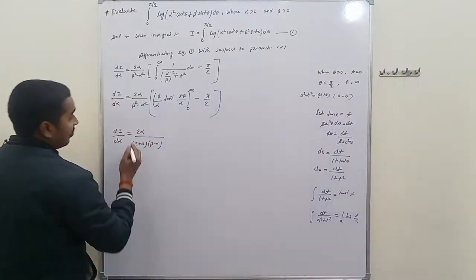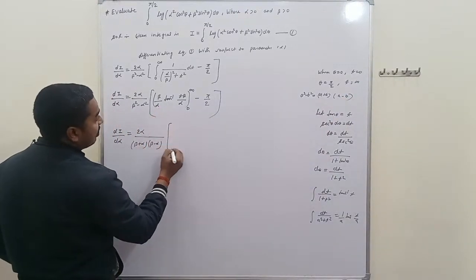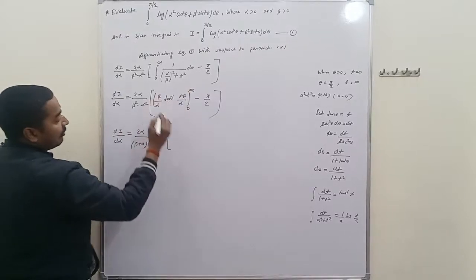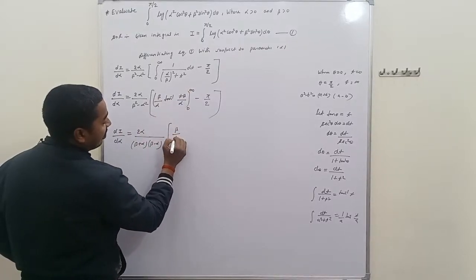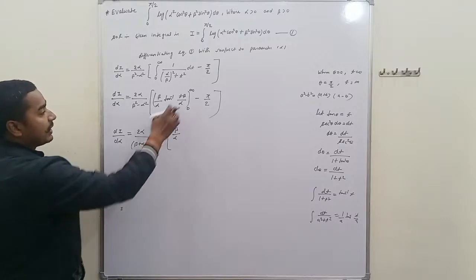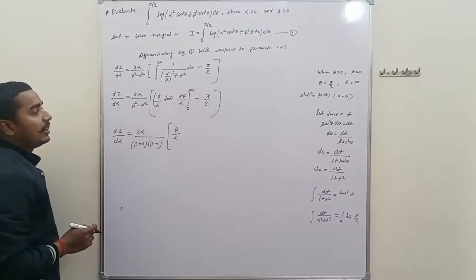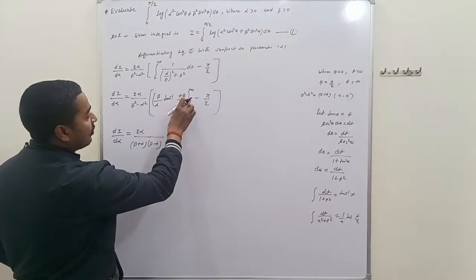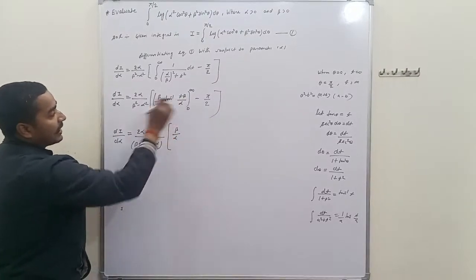We can write here, and we have to put the limit here: beta upon alpha is taken outside and put in place of t, that is infinity, and infinity multiplied with any number gives infinity, and the value of tan 90 is infinity.